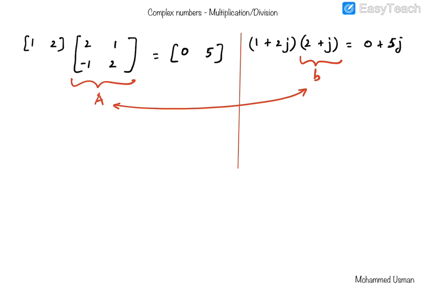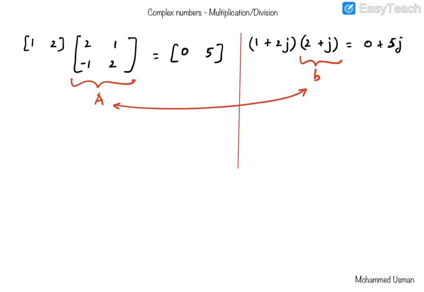And obviously, for the matrix case, this idea can be extended to more than 2 dimensions as well. We can extend this to a 3-dimensional vector multiplied with a 3 by 3 matrix, or a 4-dimensional vector multiplied with a 4 by 4 matrix, and so on and so forth.